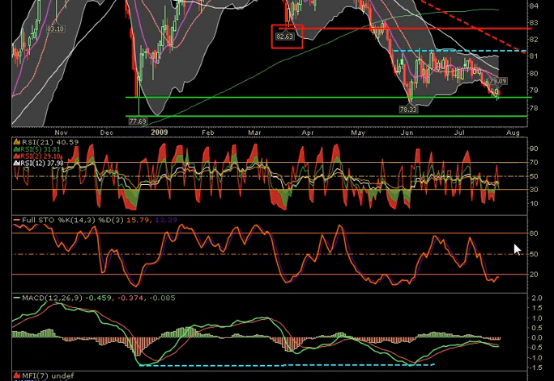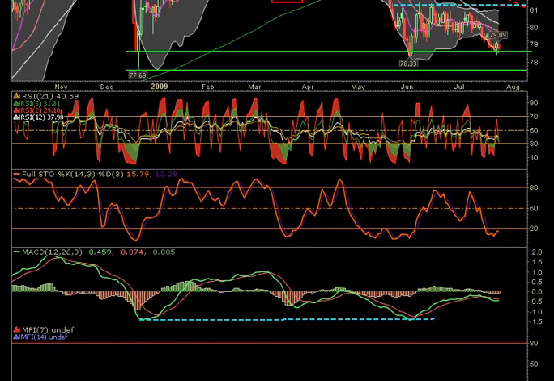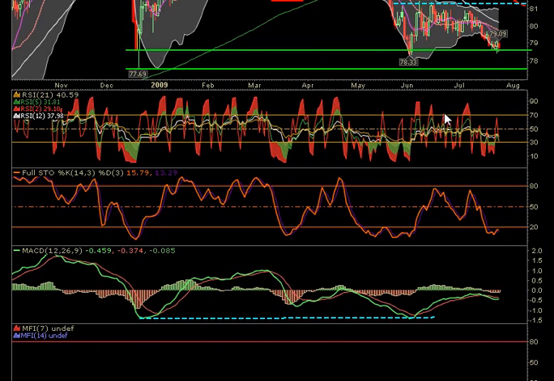Looking down here at the indicators, the stochastic is actually down here in oversold territory, so it's suggesting that you could see some upside, and on the upside this indicator would have a lot of room to move. The one good thing about the MACD is the price here is basically at the same lows, not exact prices, but same areas.